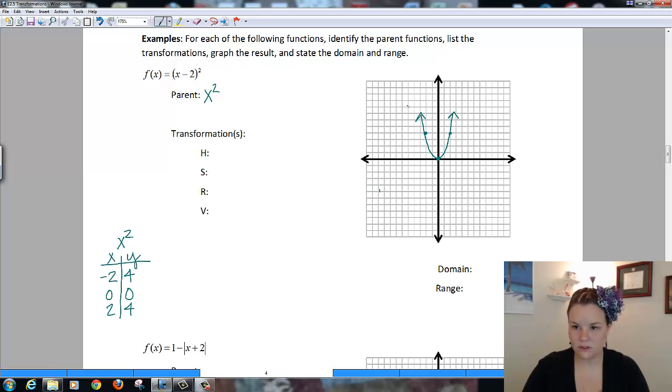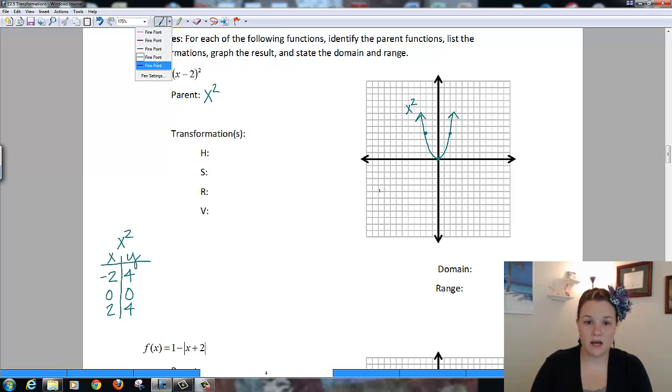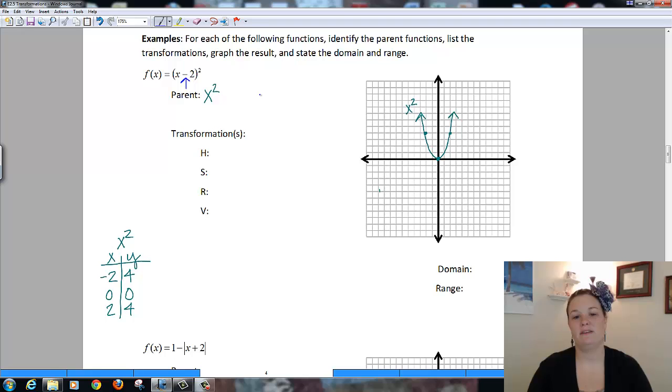So this is our x squared. Now I want to go ahead and modify it, seeing what transformations happened. The only thing that has changed this from being a regular x squared to the function it is now is that I have this subtraction of 2 inside the function. If it's happening inside the function, that means it's happening to the x.